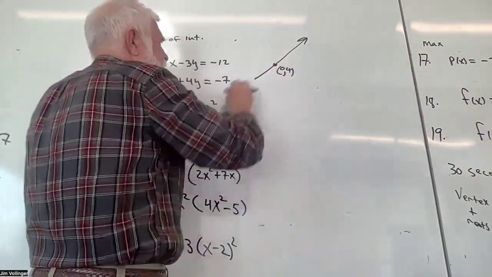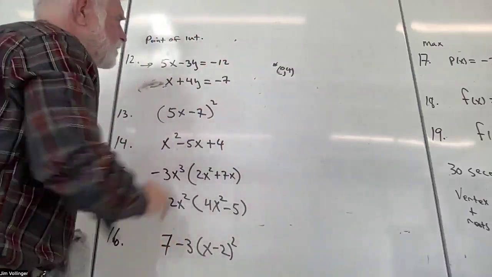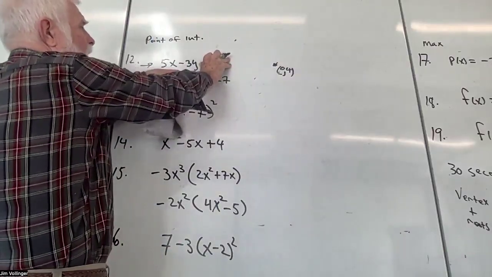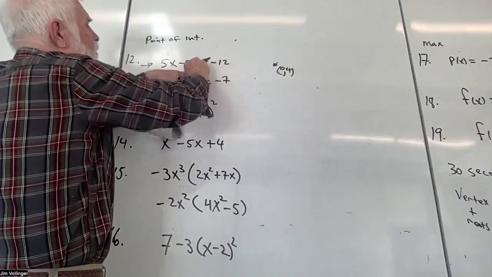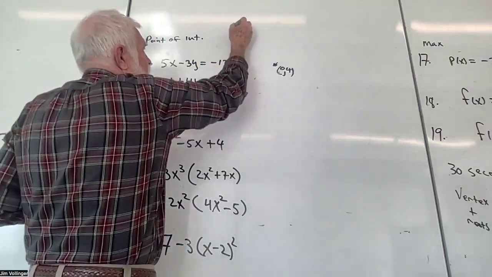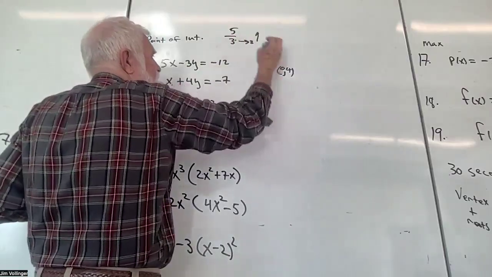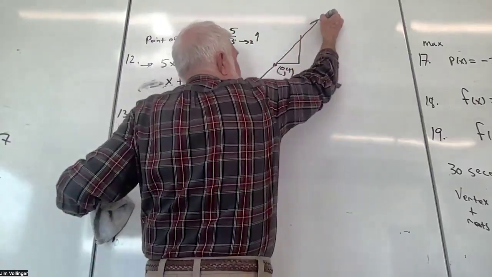And then let's actually get the slope. What the heck? Why not? So that number doesn't matter. It's the interplay of this and this. And if I want to get y alone, I think if I put the 3y on this side, I'm dividing 5 by 3, which means that I'm going over 3 and up 5. So over 3 units, up 5 gives me something like that.